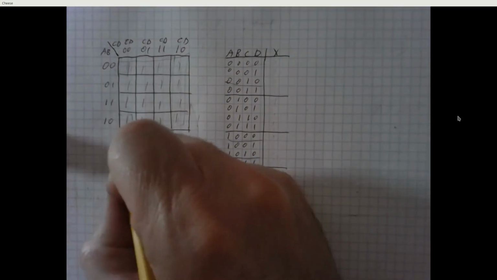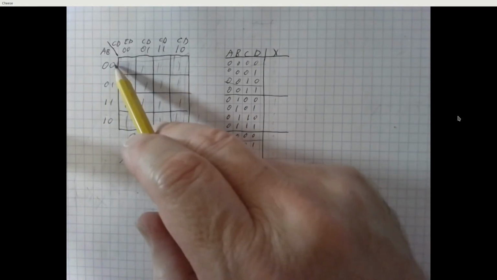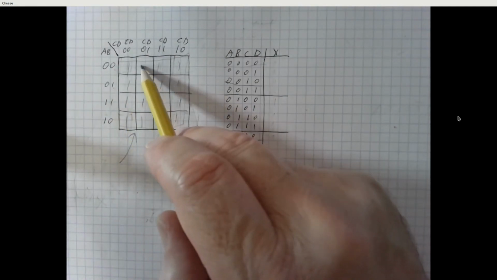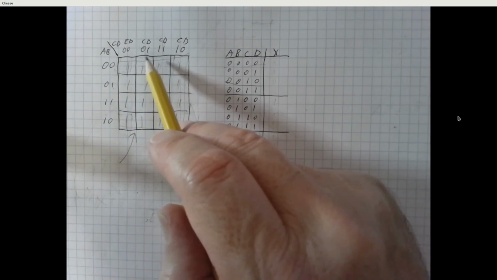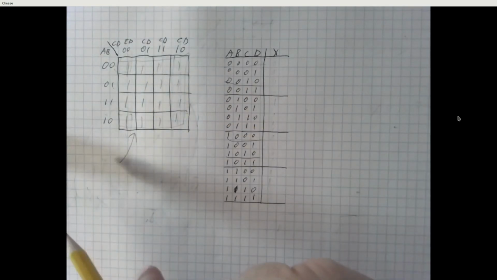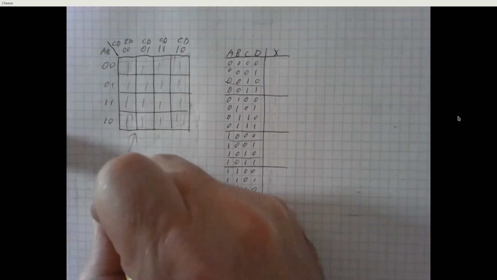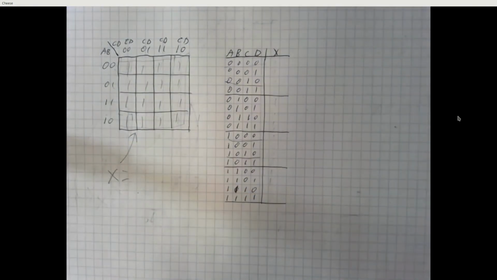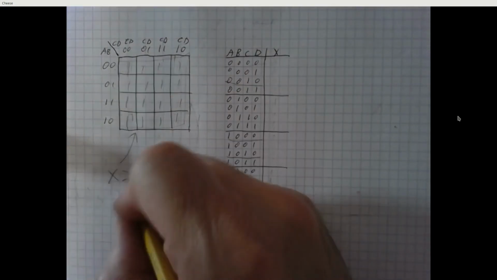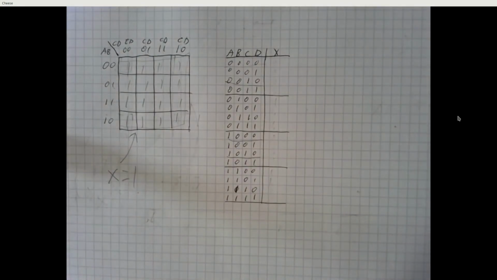And if you try to write a product term corresponding to this, well, A could be 0 or 1, B could be 0 or 1, C could be 0 or 1, and D could be 0 or 1. So none of the terms A, B, C, or D matter. So what is x equal to? It's just equal to a constant, and in this case it's equal to the constant 1.